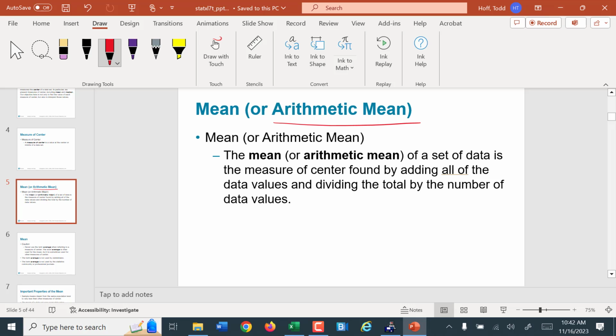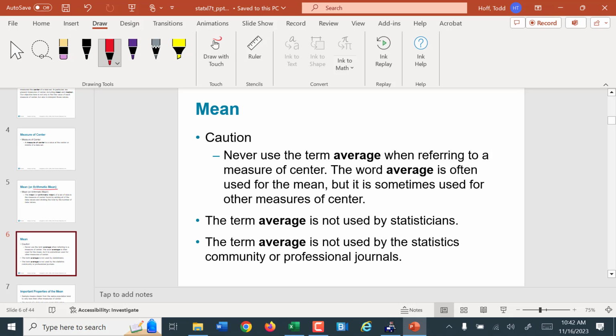The mean is where we add them all up and divide by how many there were. It is important to never use the term average, because even though it's often used for mean, and what we often use to calculate an average is the process of calculating the mean, it can sometimes be used to describe other measures of center, and we don't want to confuse those.